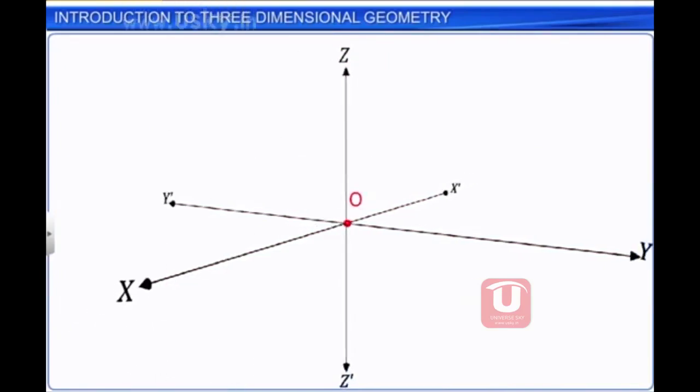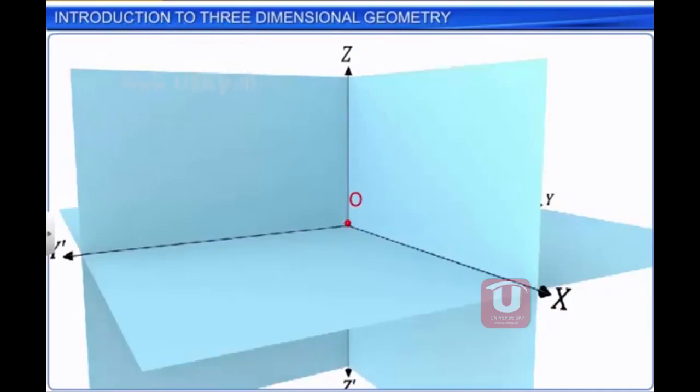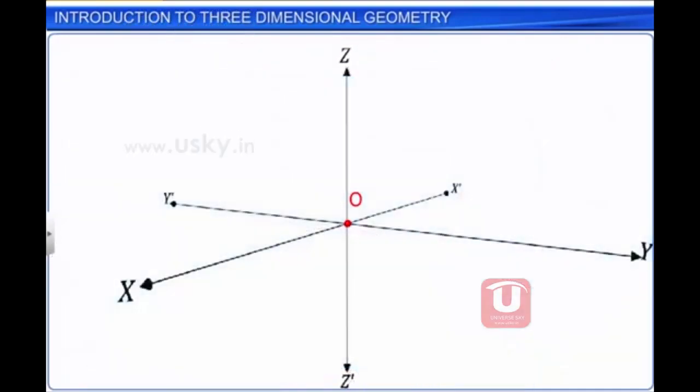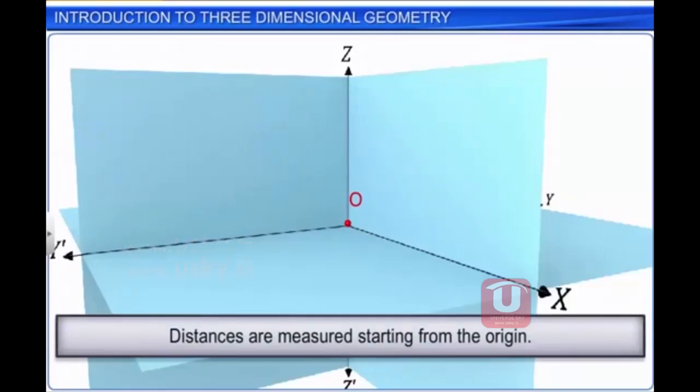By convention, we consider the XY plane as the horizontal plane. Distances are measured starting from the origin. Distances measured in one direction are taken as positive and in the opposite side as negative.